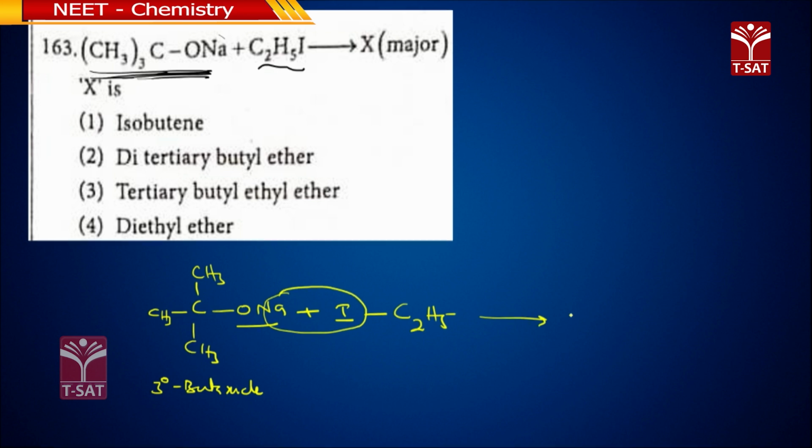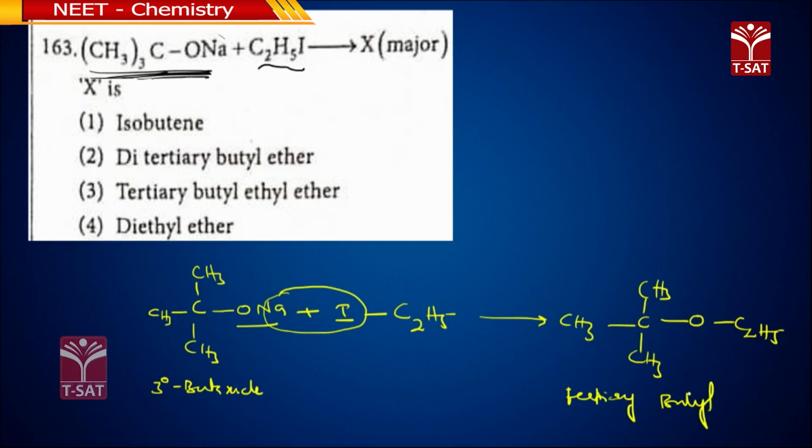So as to get CH3, C, CH3, CH3 and O(C2H5). This is tertiary butyl ethyl ether. This particular reaction is called Williamson ether synthesis.